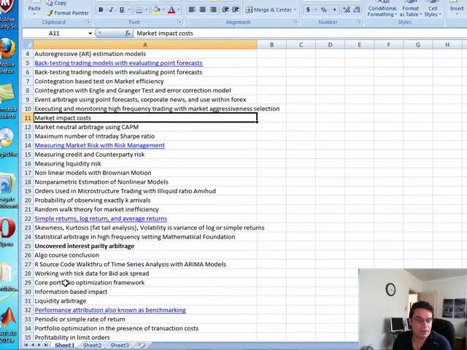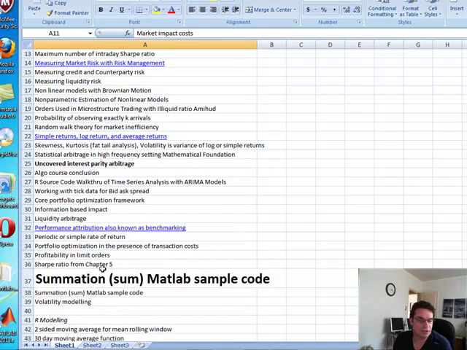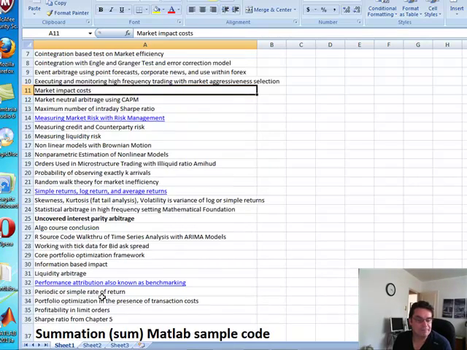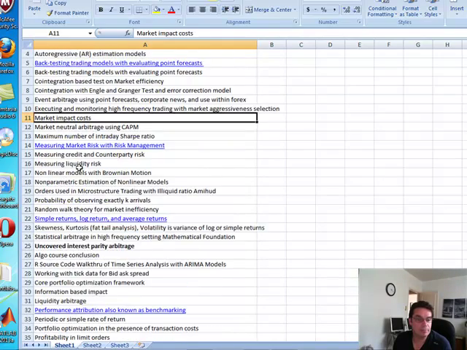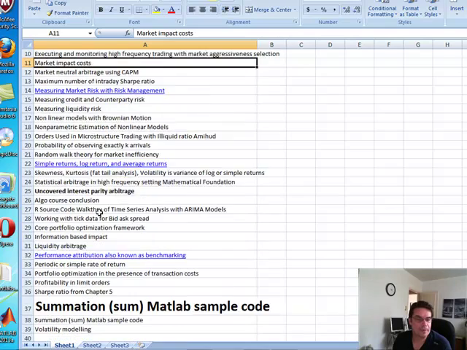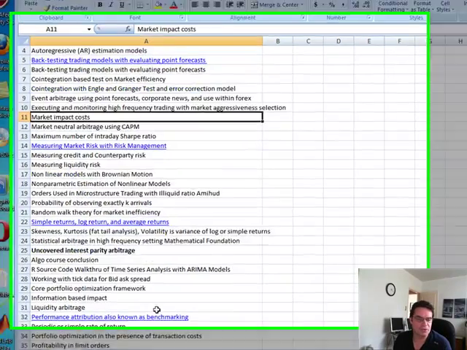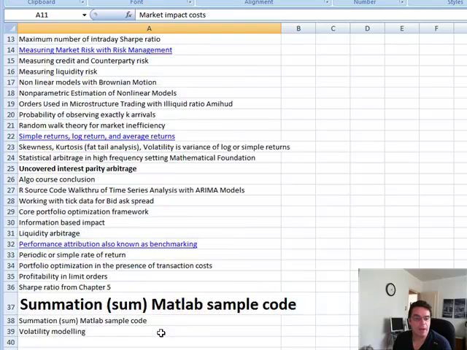Now, we've got other topics covering tick data for bid-ask spread, liquidity arbitrage. I'm just randomly picking these, obviously Sharpe ratio, volatility modeling. It pretty well covers a lot of areas, and this is going to easily be the most popular section, I think, of all the courses that we'll be offering.